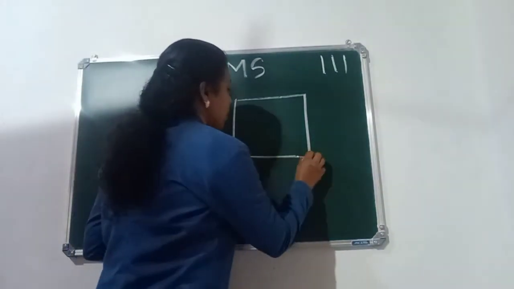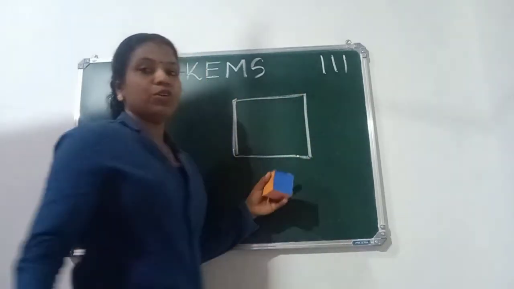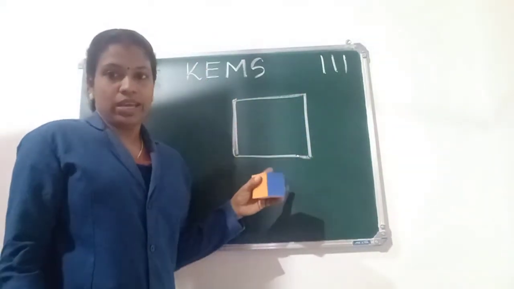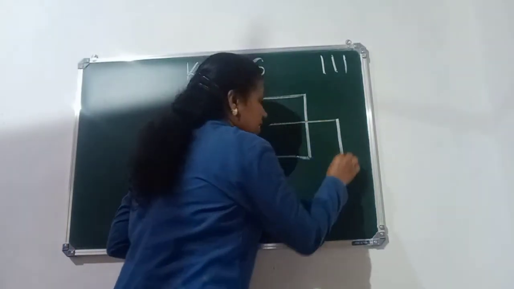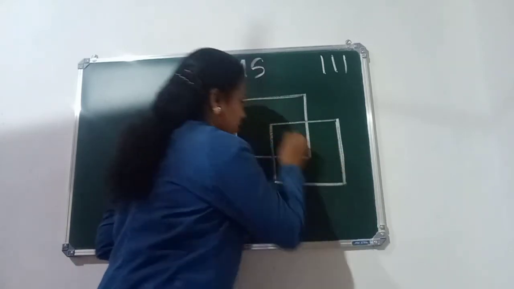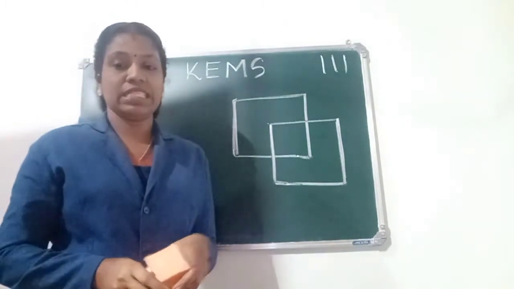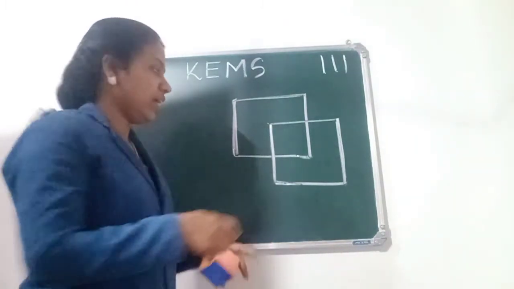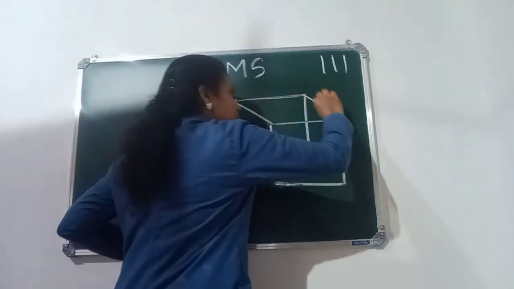Square means all sides are equal. Then draw another square inside, from the center of the first square. Same length. Now join the corners. You will get a cube.